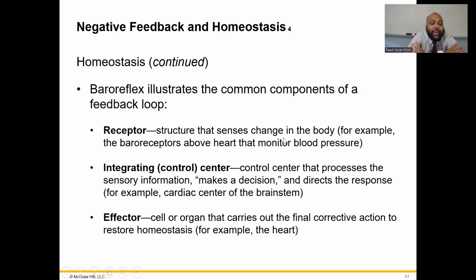There is an integrating control center that processes the sensory information and makes a decision and directs the response, for example, the cardiac center of the brainstem. Then we have an effector, the cell or organ that carries out the final corrective action to restore homeostasis.